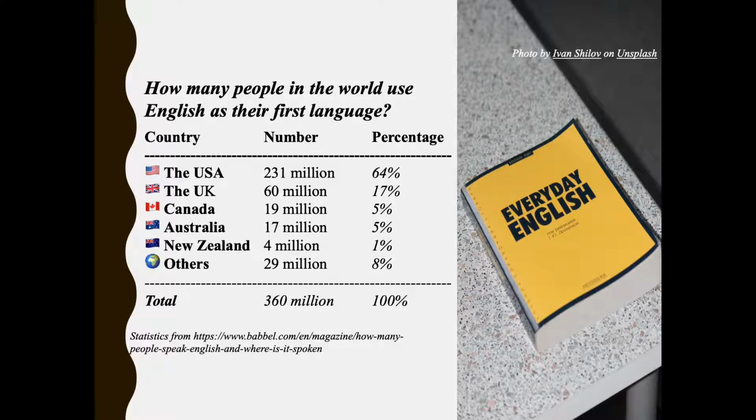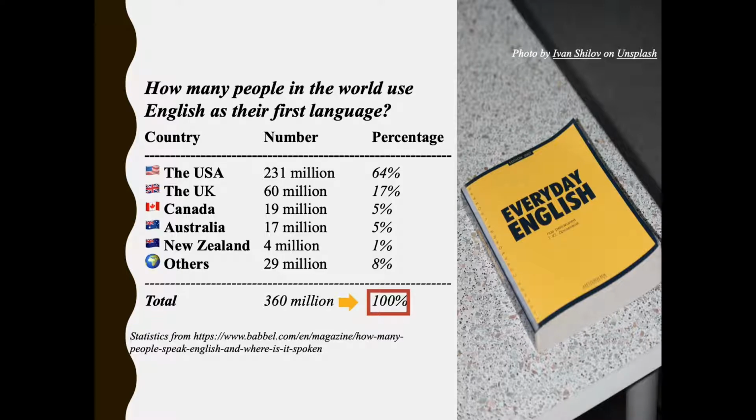To make a pie chart, you need to calculate the percentage of the numbers. We use the number that represents the USA as an example here. The total number of English native speakers is 360 million. We see this number as 100%. To calculate the percentage of the number that represents the USA, you need to use division.